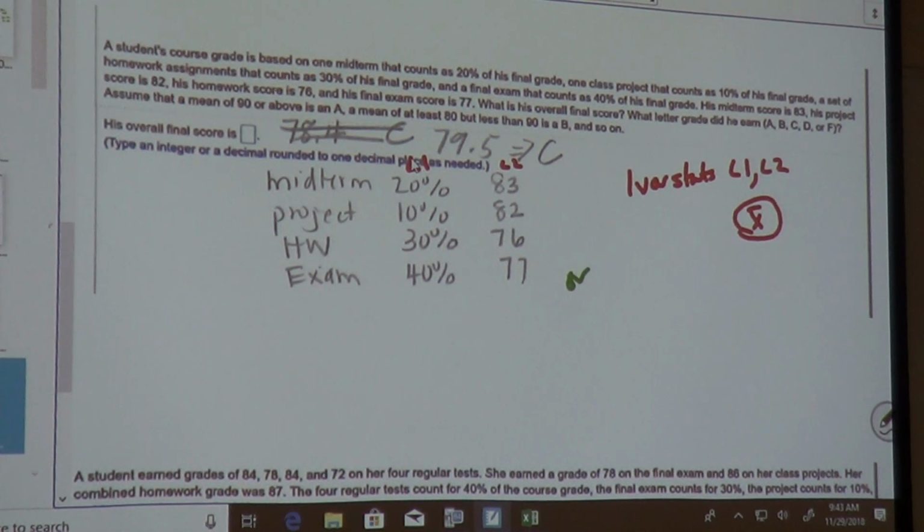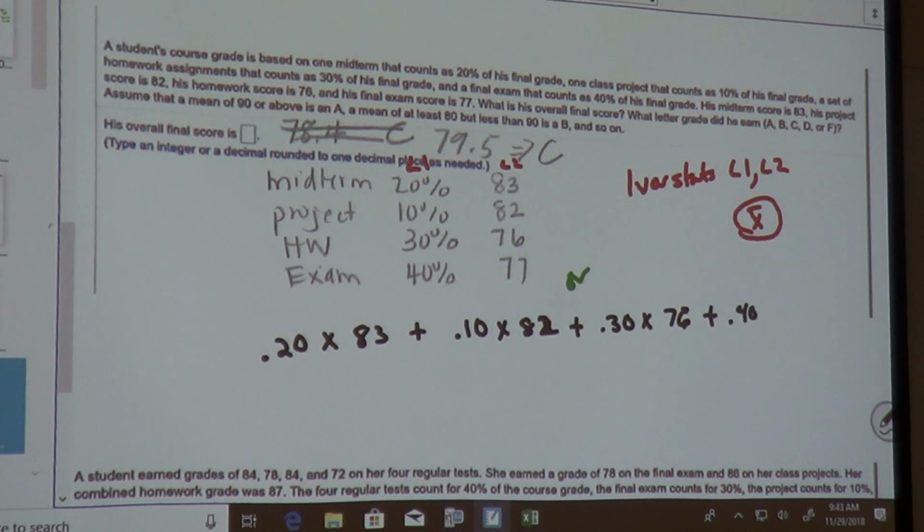Or you can just say, I want to do 20% times the grade plus 10% times the grade plus 30% times the grade plus 40% times the grade. Either way, those are going to give me the same answer.